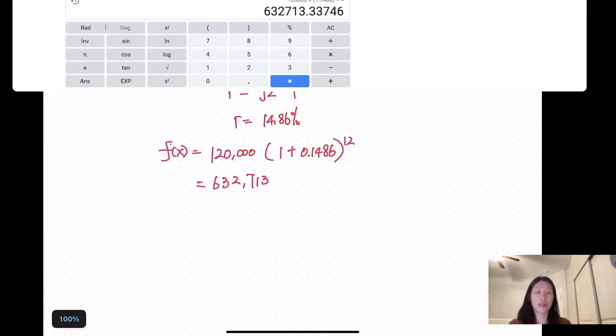Okay, so that's it. I want to recap a little bit about what we learned today. We learned about doubling time and half time. The idea is the same. It's not about the time, it's about the weight.